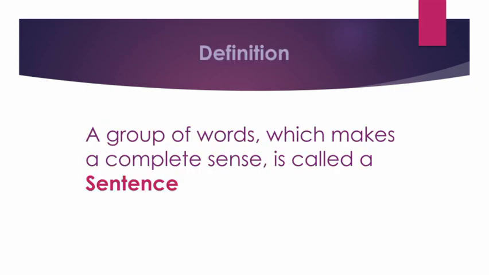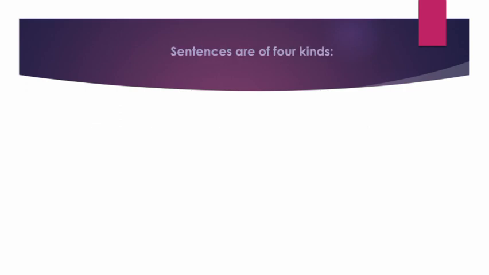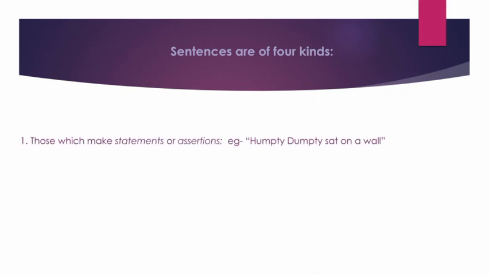This is the definition. A sentence is a group of words which make a complete sense. A group of words which makes a complete sense is called a sentence. Sentences are of four kinds.